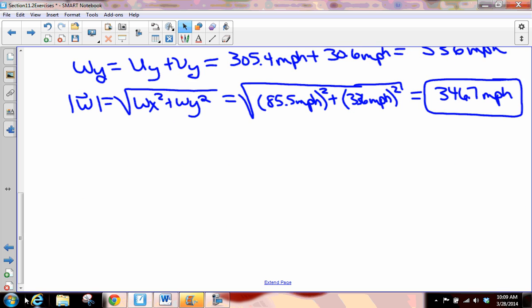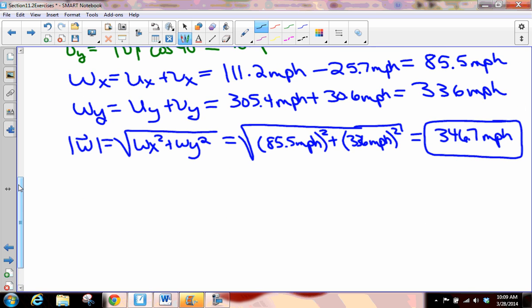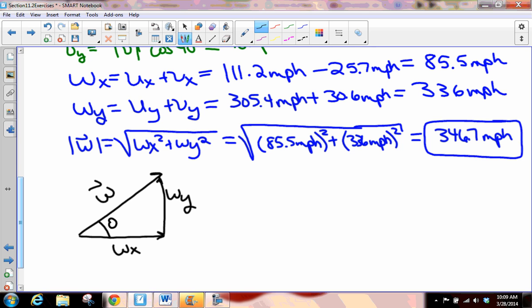And when it's time to find the angle, I think it's important to draw a picture. So here's going to be my vector w, and it's going to have an x component and a y component, and I'm going to choose to find this angle theta right here.